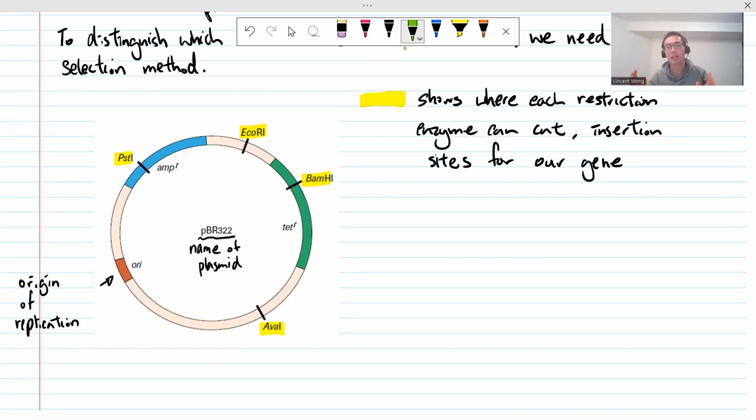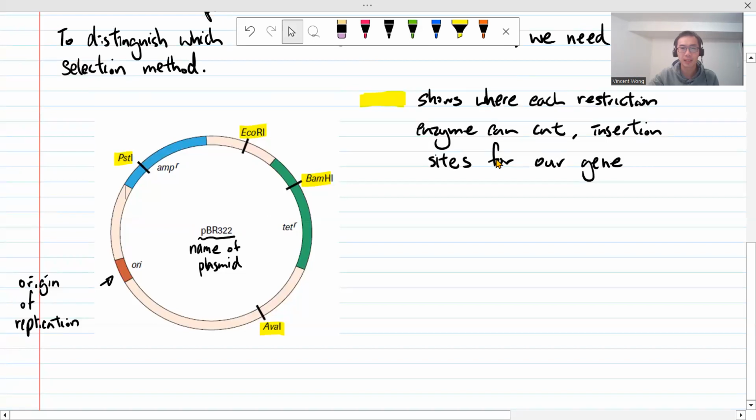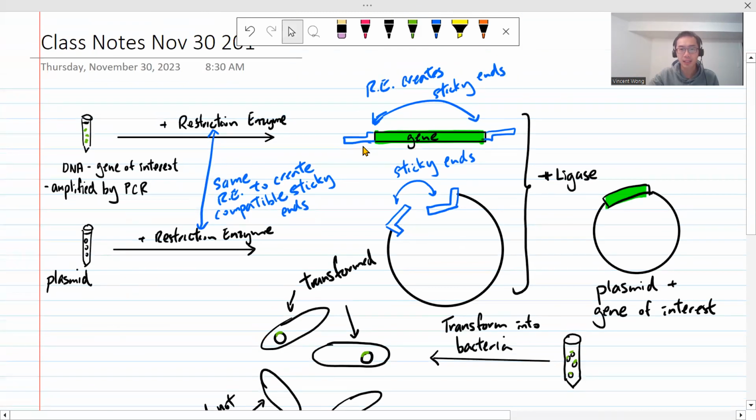That's not going to work because the sticky ends created by EcoRI are not going to be compatible with the sticky ends created by PstI. Remember, these sticky ends are actually nucleotides. So if this one is AATT, you need to have a TTAA to be compatible. And that's only possible if you are treating it with the same restriction enzyme.